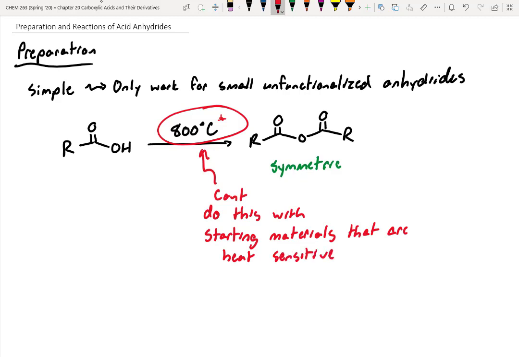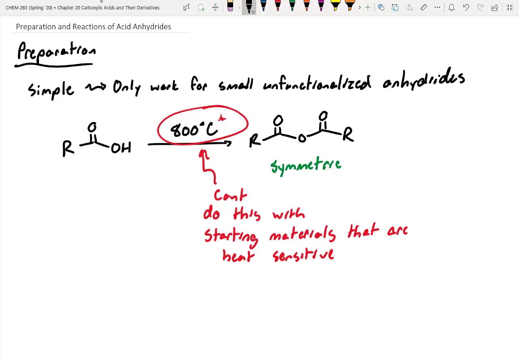However, if you have something like acetic acid, where this R group is just a methyl group, you could react it into acetic anhydride at 800 degrees Celsius in a specialized vessel. But for most lab conditions, this is not something that we're ever going to see done.